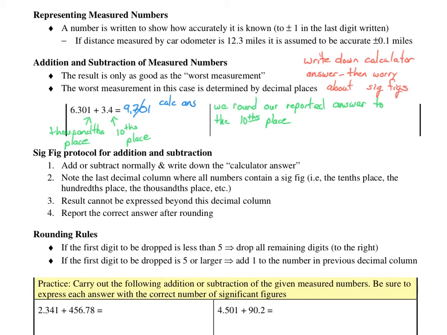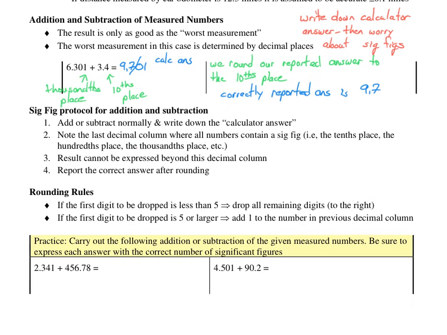And that's the case that we have here. If the first digit to be dropped is 5 or larger, we're going to add 1 to the preceding decimal column. So again, the first number to be dropped is less than 5, so we're just going to drop all the numbers to the right of that column. So the correctly reported answer in this case is 9.7.